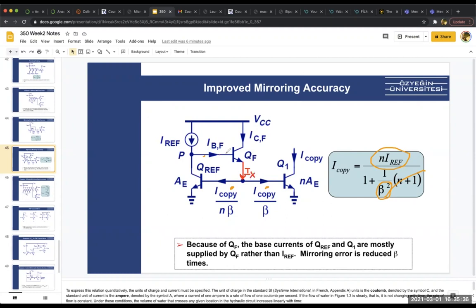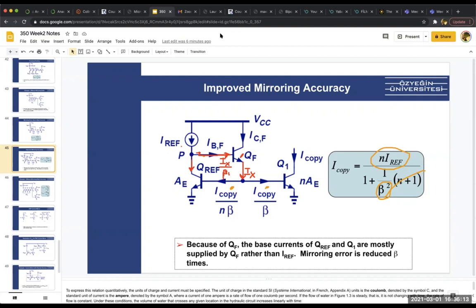Well, this current will be IX over beta F. So let's assume their betas are the same for this transistor as well. So then it will be IX over beta. Well, as you can see, this one even got smaller, right? So now IRF minus this current will still be very close to IRF.